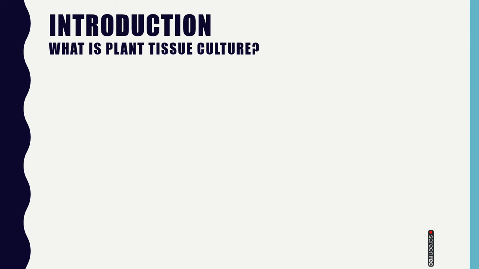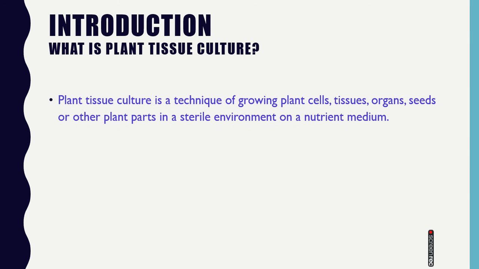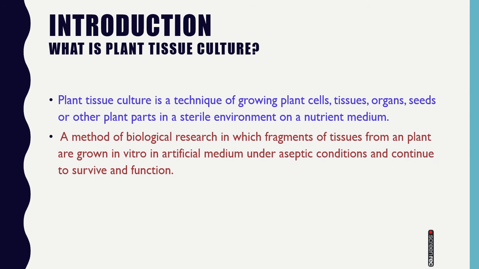Introduction. What is plant tissue culture? Plant tissue culture is a technique of growing plant cells, tissues, organs, seeds, or other plant parts in a sterile environment on a nutrient medium of known composition. It is a method of biological research in which fragments of tissues from plants are grown in vitro in artificial medium under aseptic conditions and continue to survive and function.